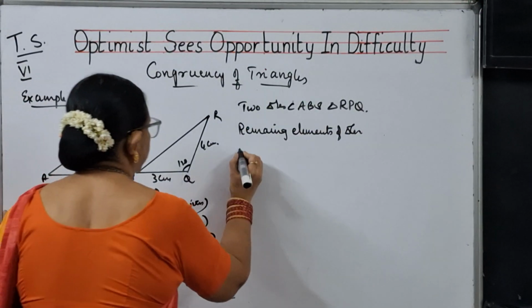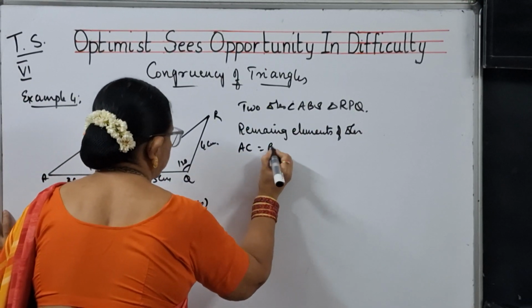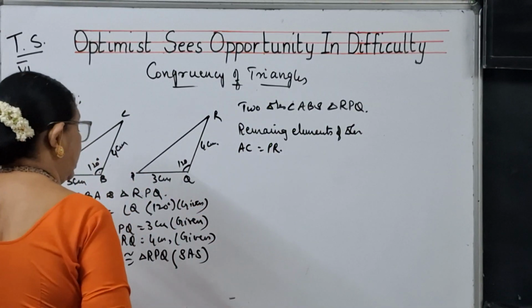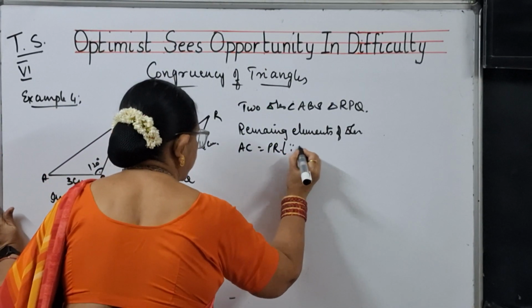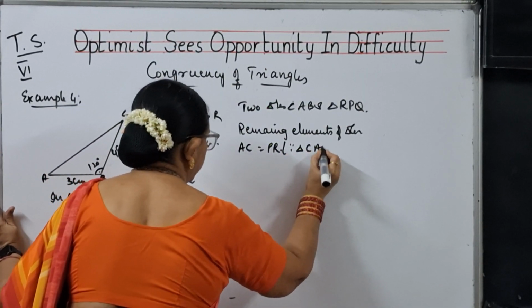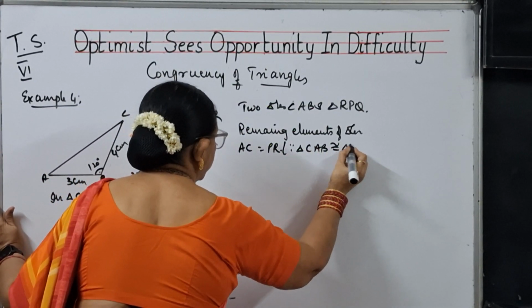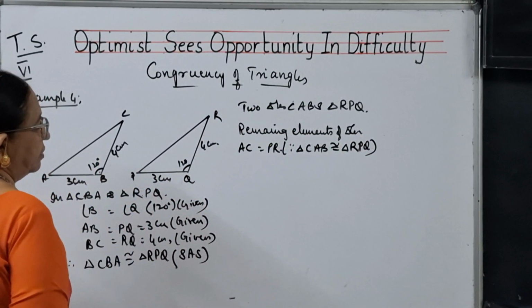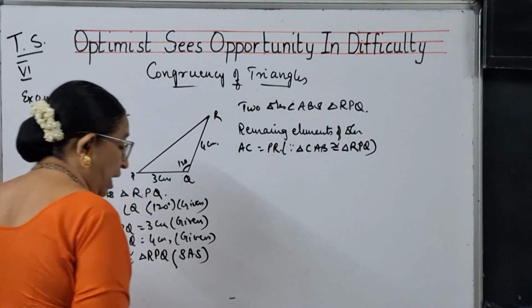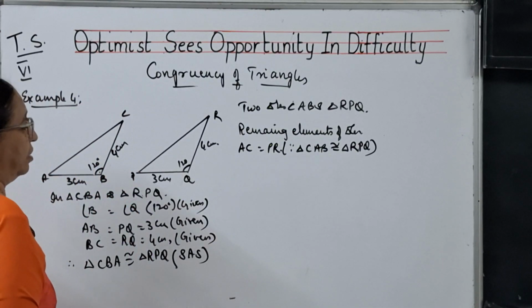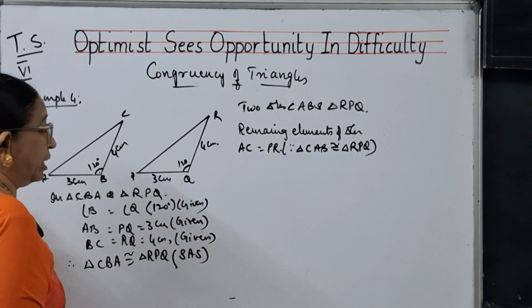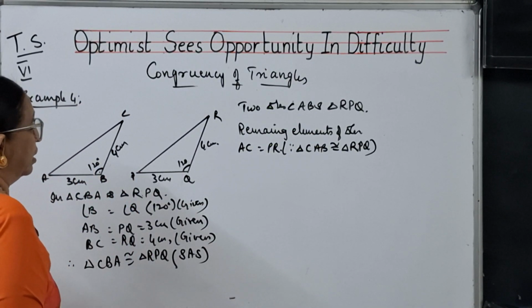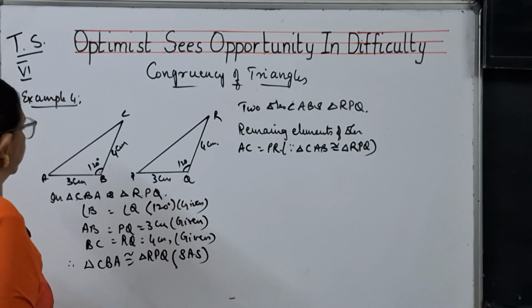We will say that AC is equal to PR. Why is it? Because triangle CAB is congruent to triangle RPQ. We know that congruency means every corresponding side is equal and every corresponding angle is equal.